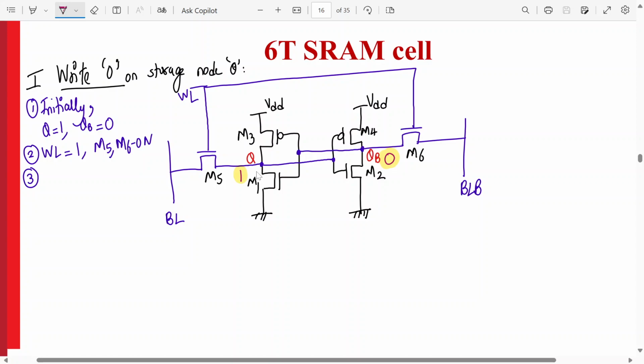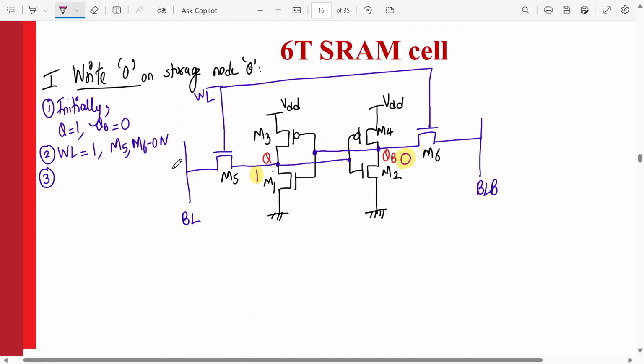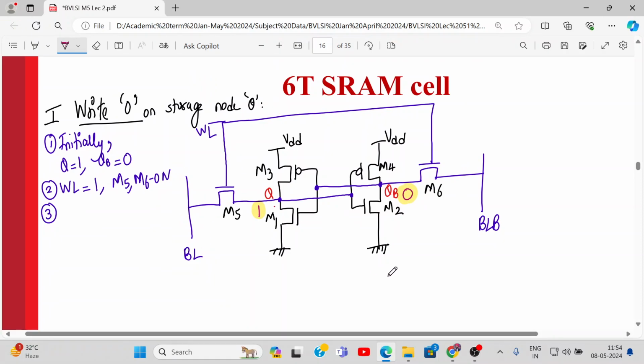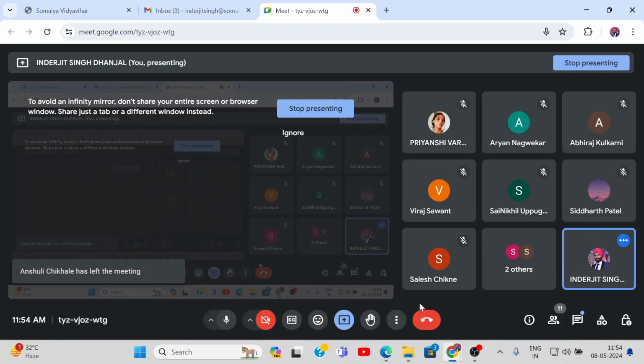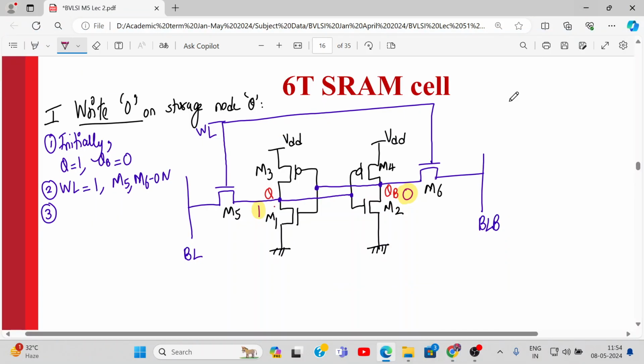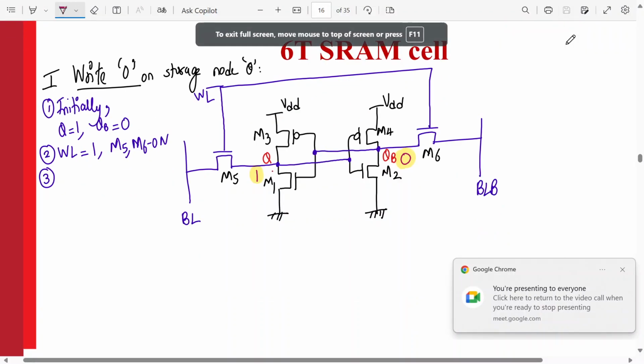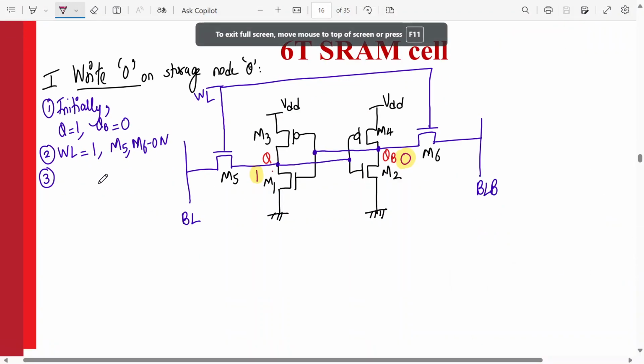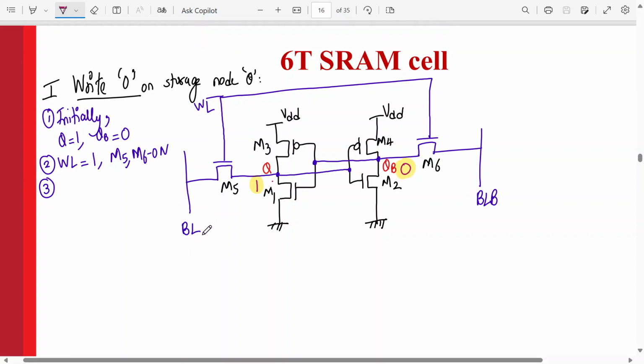Students, come on, tell, the time is leaving. I have an exam duty. You all are listening? So please inform me. You cannot stay mum. Tell me what should be BL, so that my node voltage Q changes from 1 to 0.